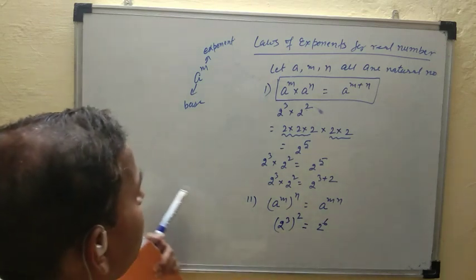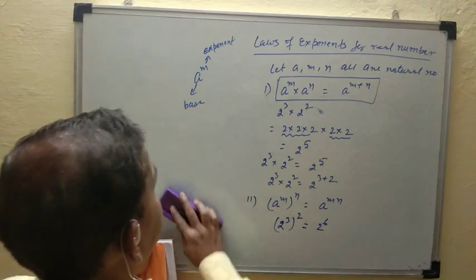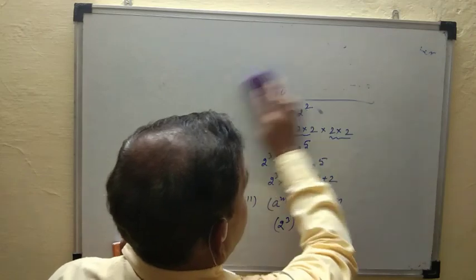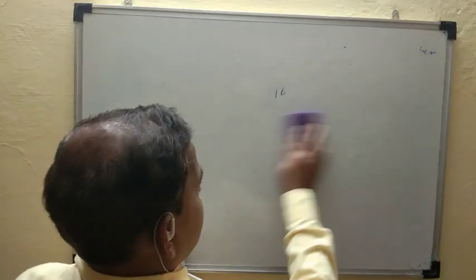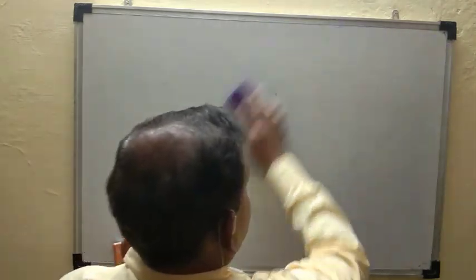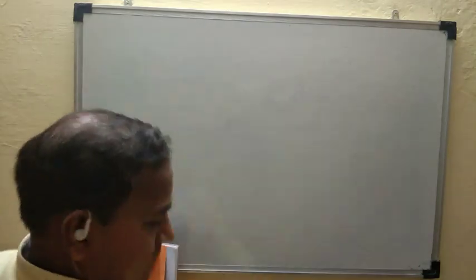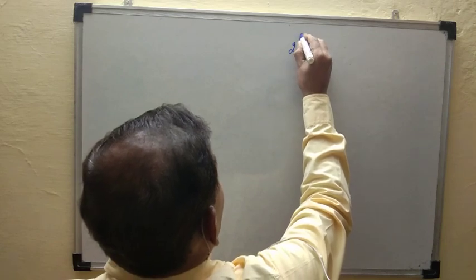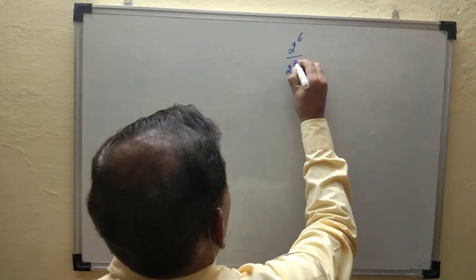Next, suppose 2 to the power 6 divided by 2 to the power 4.